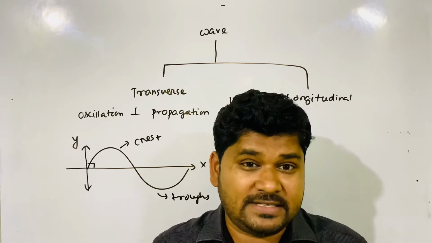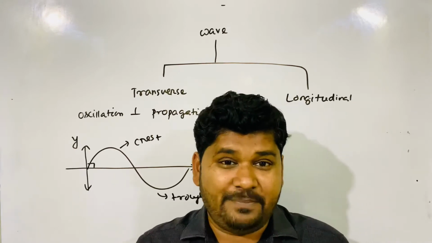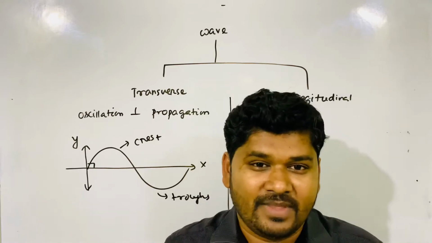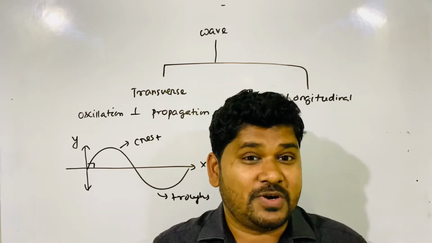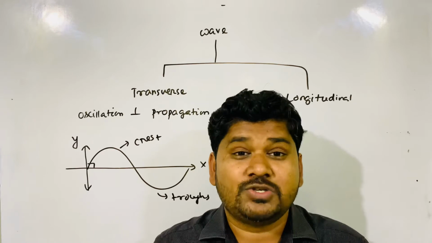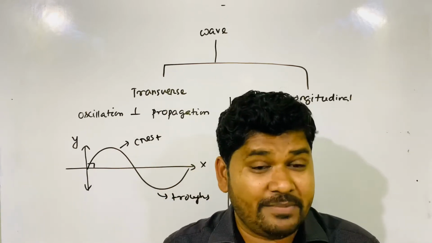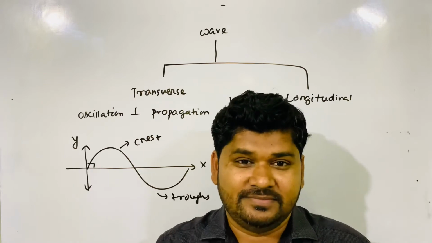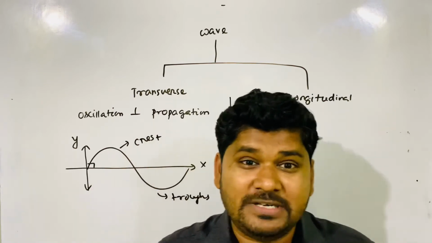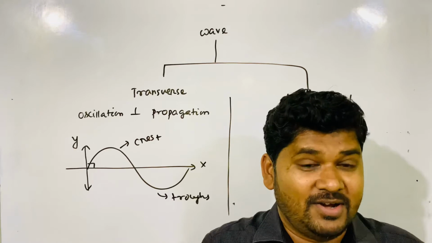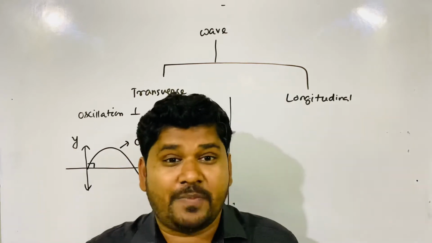But all these are particle dependent. Another example of a transverse wave is the electromagnetic wave, which is a non-mechanical wave, but it is transverse. The question comes to your mind, sir, how is it transverse? I told you, oscillation perpendicular to propagation.